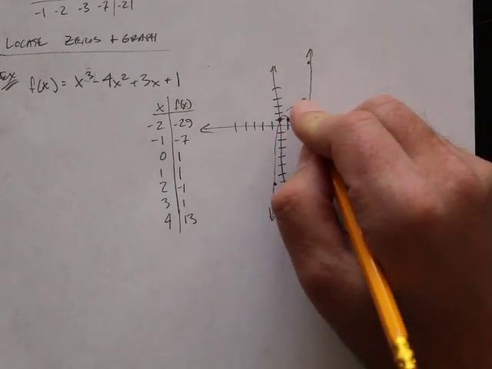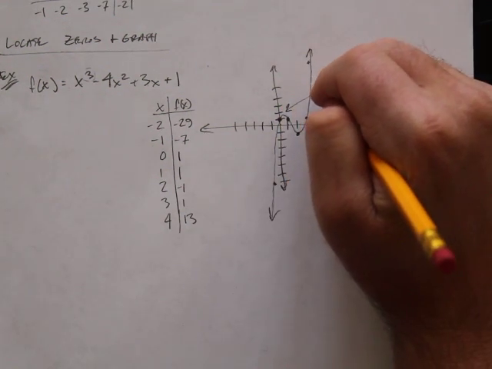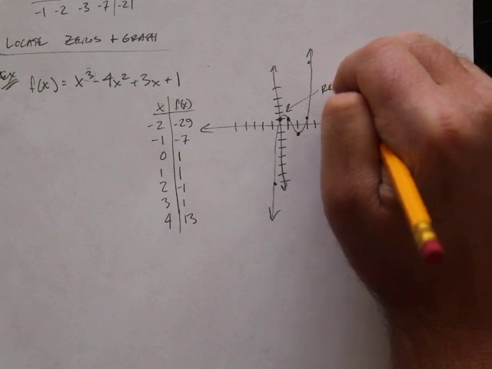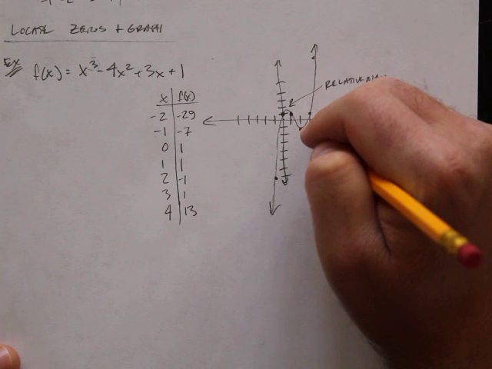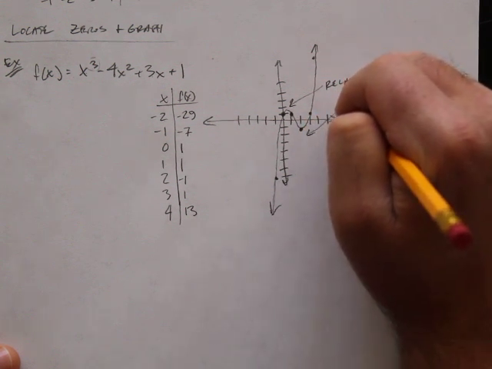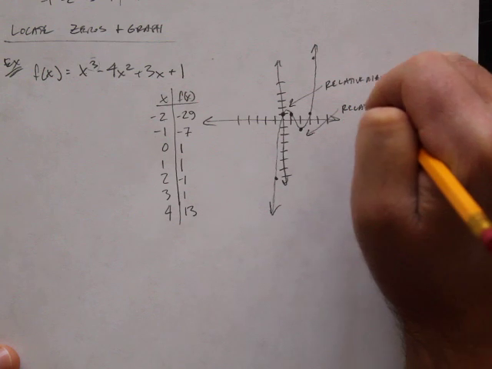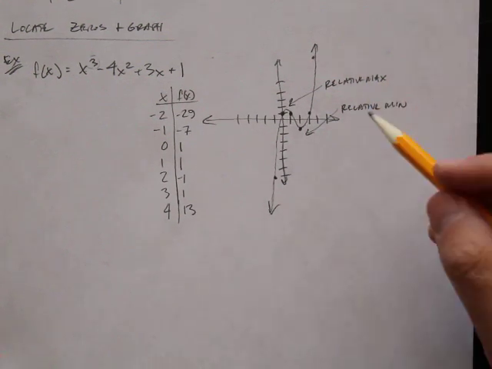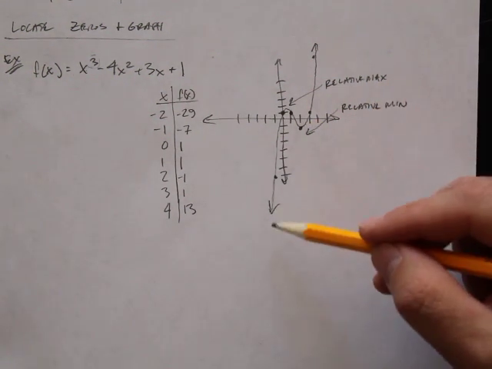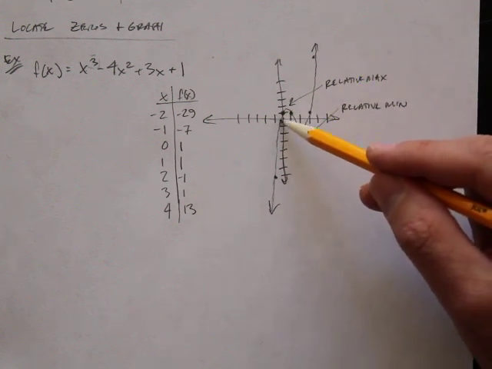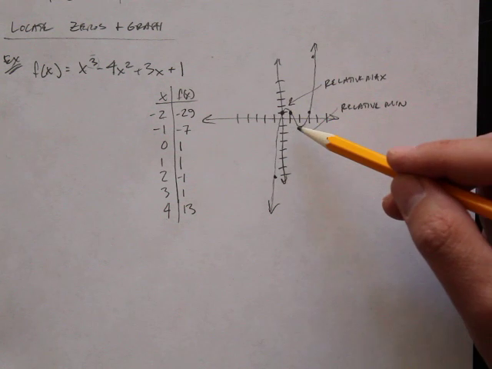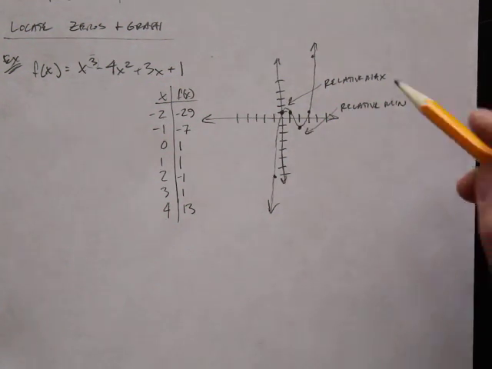Here we have a relative max, and here we have a relative min. Relative meaning it's just in this area. We get more negative and more positive elsewhere, but since it does this little bump, we can call that a relative max and this a relative min.